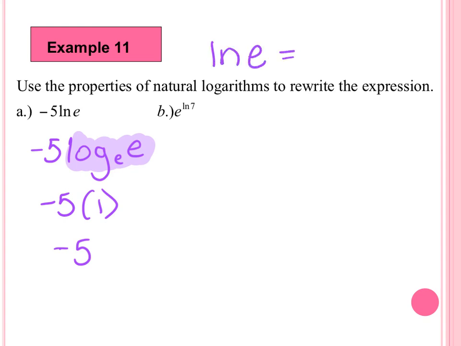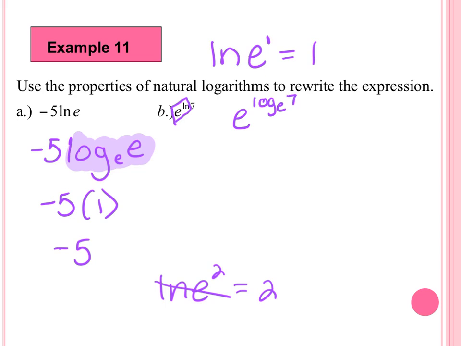ln e equals 1. It doesn't equal 0. It equals 1 because it should be the exponent on the e. If it was ln e to the second, it's 2. It's the exponent on the e. So if I see e to the ln, this is the same thing as e to the log base e of 7.